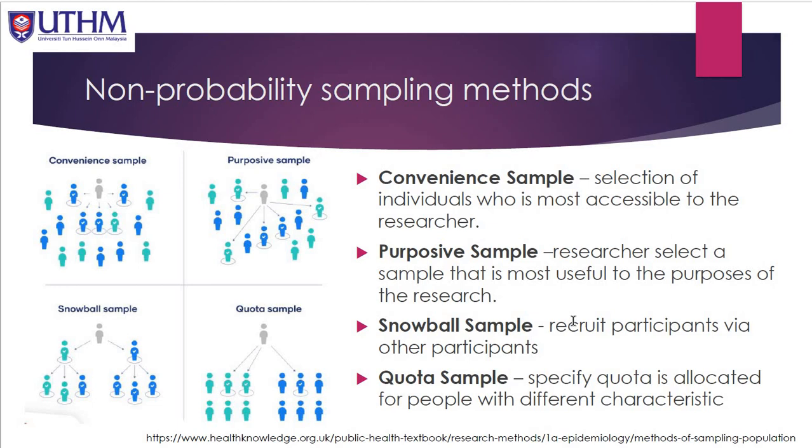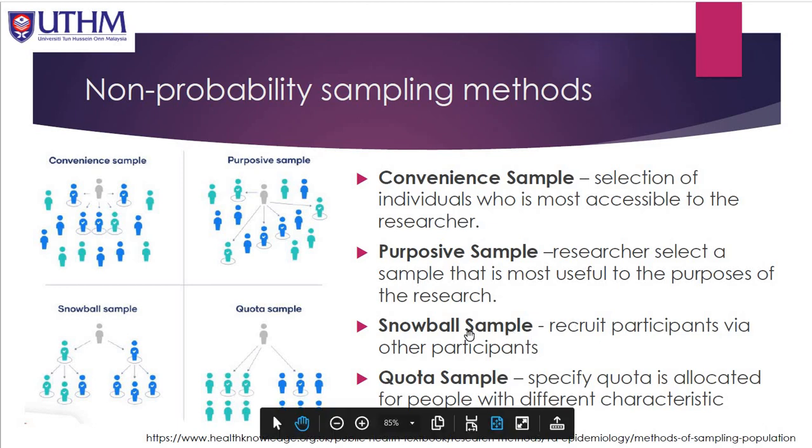For example, you want to target a group working in a company, but they send it to people working outdoors, for example normal workers like a lorry driver. They didn't target, they just send it out. So that is a snowball sample, recruiting participants via other participants.